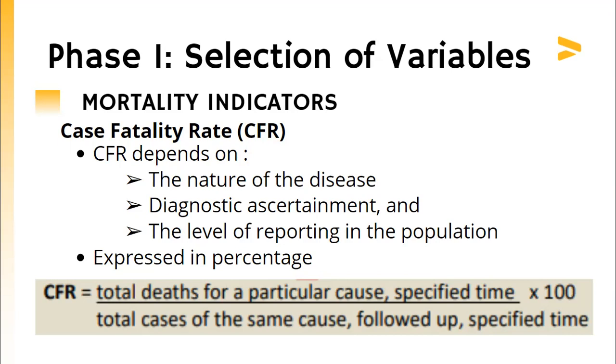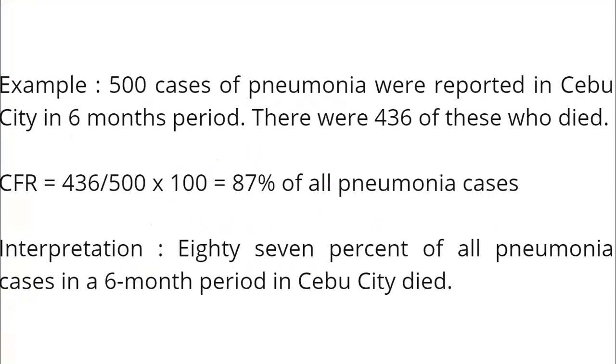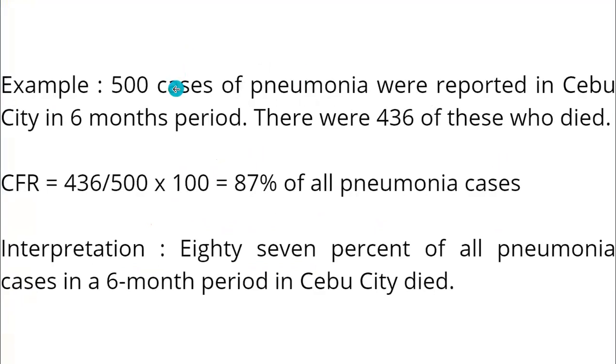Let me explain that further with this example. We have 500 reported cases of pneumonia in Cebu in a 6-month period, and 436 of these 500 cases died. So you got the point.